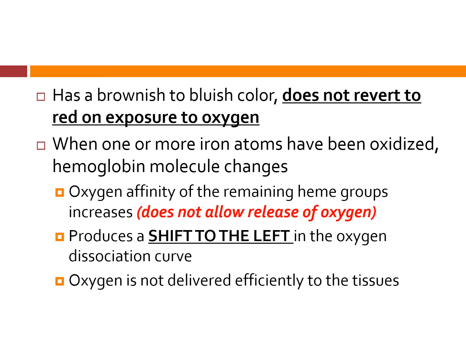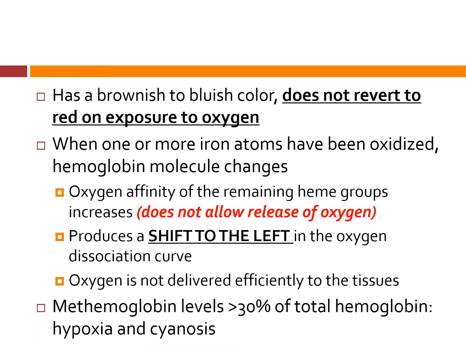Those are the hemoglobin molecule changes that will occur once one or more iron atoms have been oxidized. When your methemoglobin level reaches greater than 30% of your total hemoglobin, that can lead to cyanosis or hypoxia.